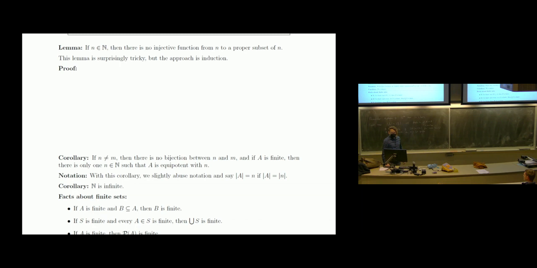Okay, and what did we prove? We showed that omega has the same cardinality as omega times omega. We showed the reals has the same cardinality as an interval of reals, and that the power set has the same cardinality as 2 to the set, I think. So those are some examples.